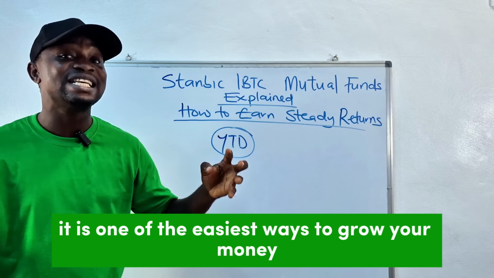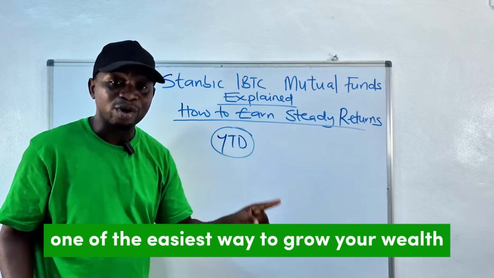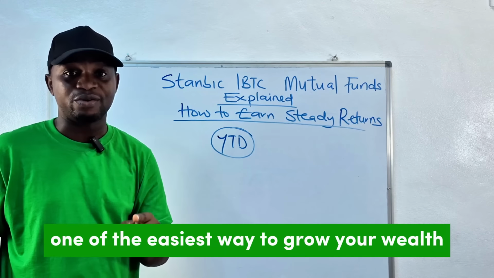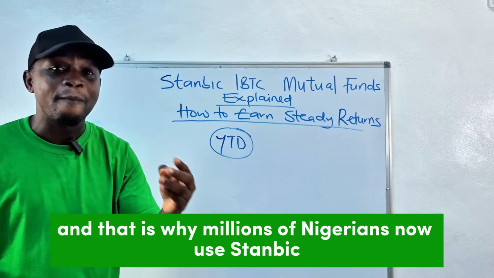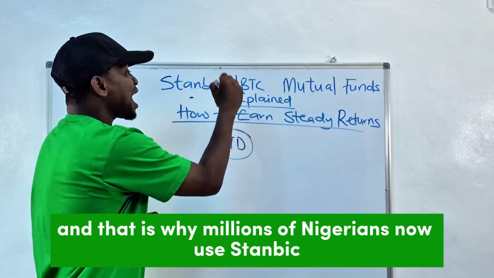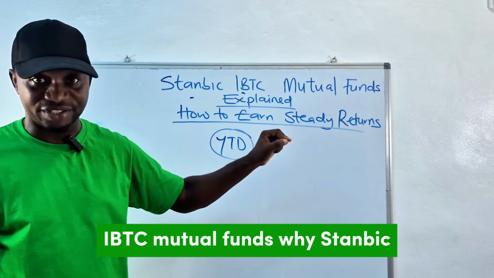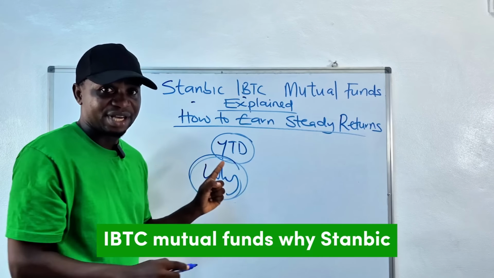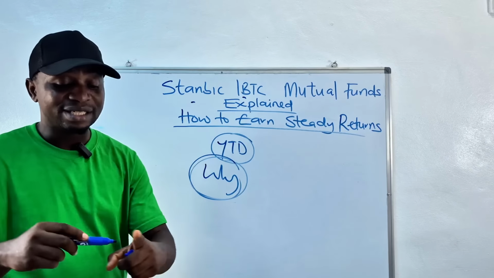It is one of the easiest ways to grow your money, one of the easiest ways to grow your wealth without stress. And that is why millions of Nigerians now use Stanbic IBTC Mutual Funds. Why Stanbic? Stanbic IBTC isn't new to this game. They've been managing funds for many years. And they are part of the Standard Bank Group, which is one of the biggest financial institutions in Africa.